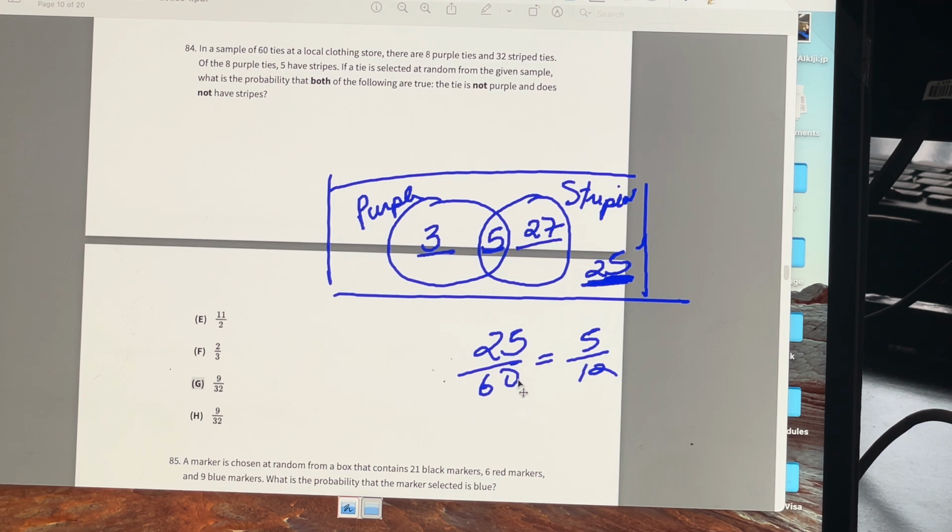Oh, that's because apparently I can't add. No, I can't add.